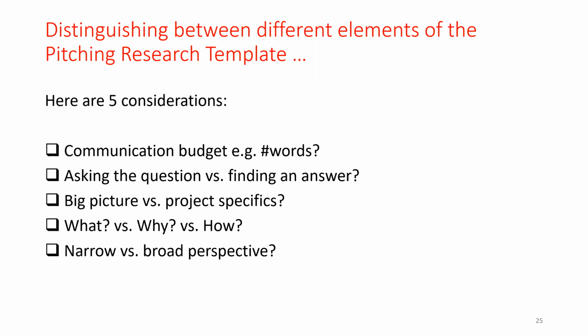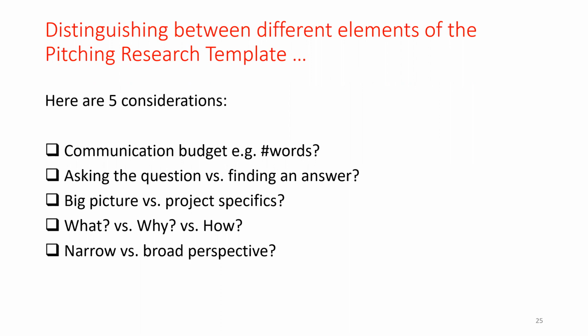So in the next couple of slides, I want to give you some general guidance on how you should overcome this particular concern. So how can we distinguish between the different elements of the pitching research template? Consider these 5 things. First of all, there's a communication budget in terms of the number of words per item, and I'm going to share that with you in the next slide.